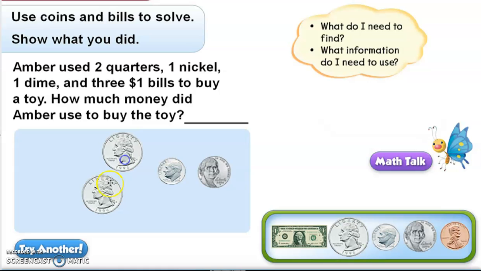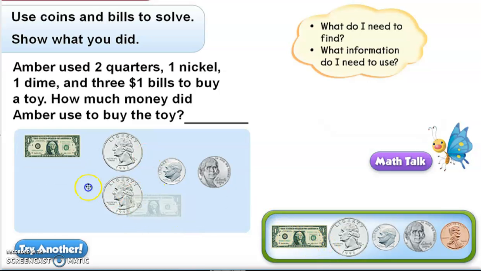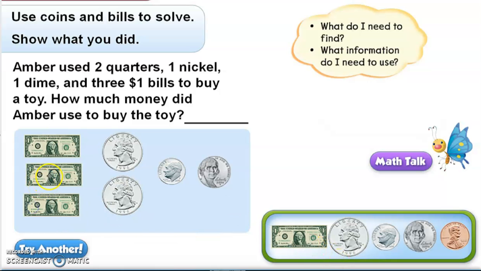And then for the bills, she used 3 $1 bills. So let's grab 3 $1 bills. And now that we have our bills and coins all set up and ready to go, now we can use the information that we have to help us solve for the answer.